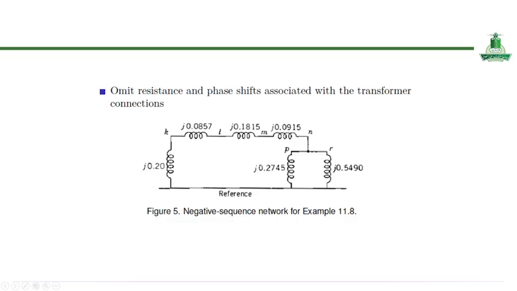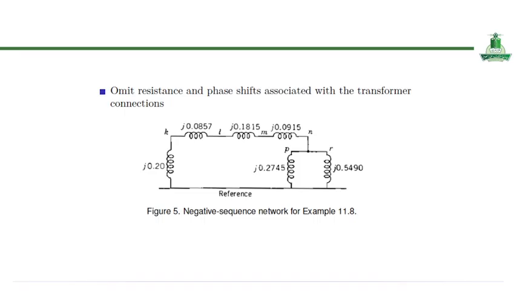All right. This slide also is showing the negative sequence network of the same power system, which is essential for analyzing unbalanced faults such as line-to-line or double line-to-ground faults.